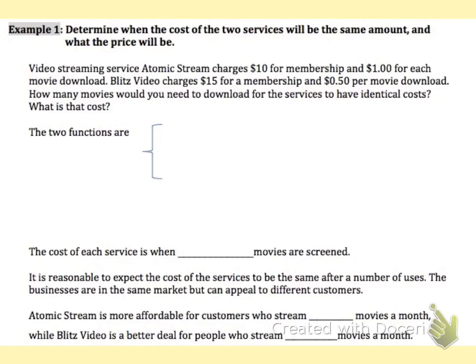So the two functions. Say we call the first one A for Atomic. When I write real life systems, since I'm obviously not going to be using graphing to solve these, I like to use variables that represent the situation.